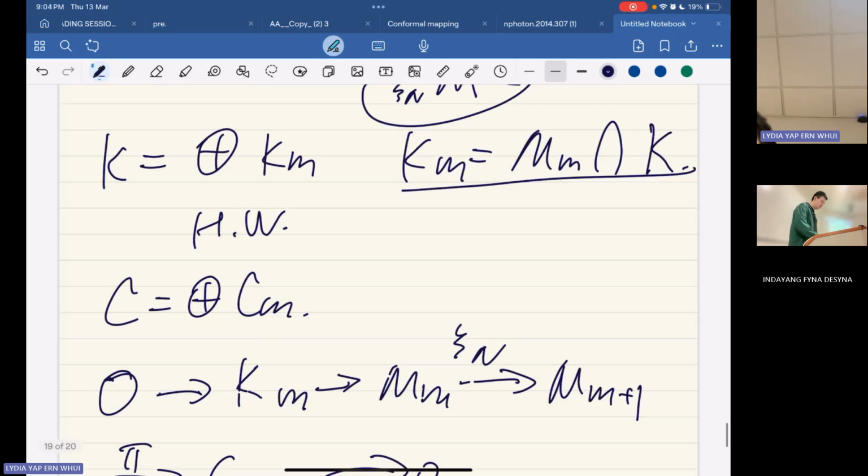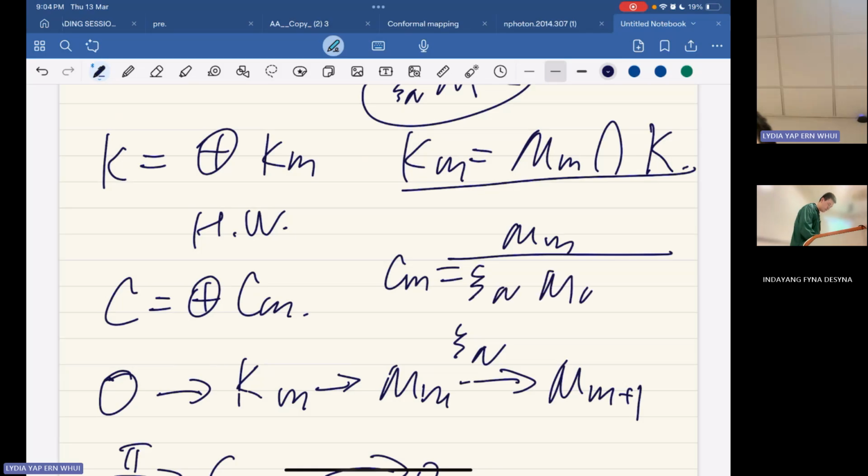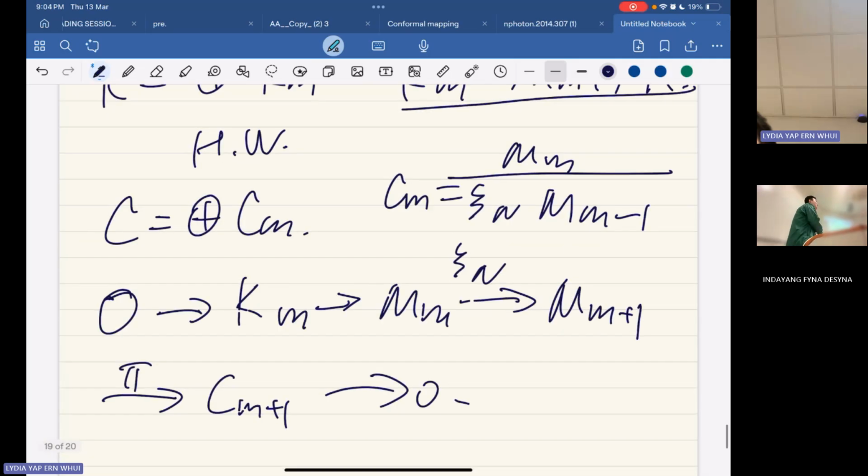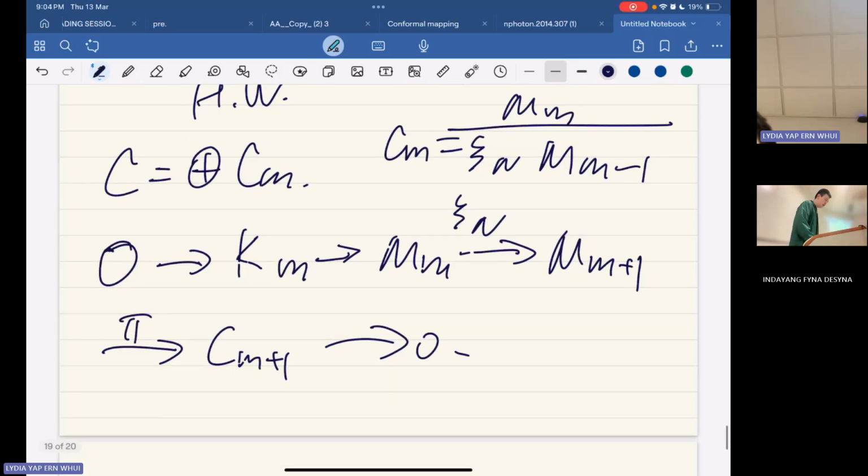And also, how do we send M_(m+1) to C_(m+1)? How do we define this C_m? Oh, I forgot to write: C_m is equal to M_m quotient Xi_n M_(m-1). We can see that this is a quotient. If we forget its module structure, this is just a quotient group, right? And how do we define a map from a group to its quotient group? Just the canonical map. We send every element to its coset, right? And eventually we send everything in here to 0.